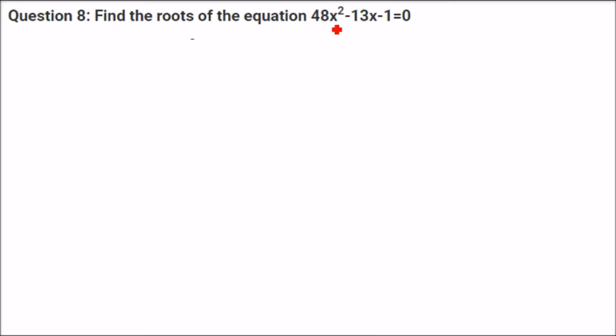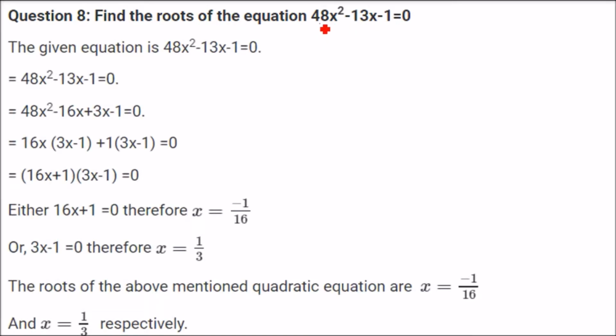Now find the roots of the equation 48x square minus 13x minus 1. Now we know that 6 eights are 48 and also we have 16 into 3 as 48. So you can write this as 48x square, and 48 is 16 into 3. This will give you 13 also. You can write minus 16x plus 3x minus 1 equal to 0. Take 16x common, you get 3x minus 1.